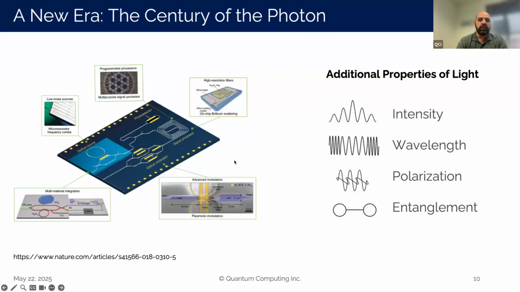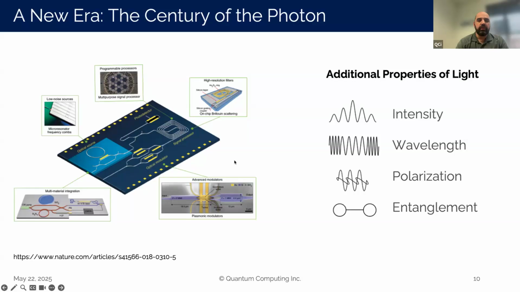Why are we doing that? Using light allows you to take advantage of additional properties for modulation, for encoding, for data transmission. So instead of just having electrons that flow down copper wires, we have light in waveguides, and that allows us several additional degrees of freedom. We can play with the intensity of light, and that's the only analogy that we have with the electronics world, the on-off transistor type devices.